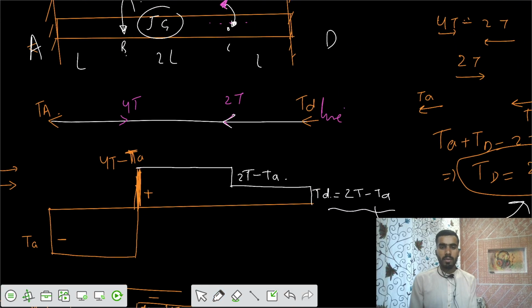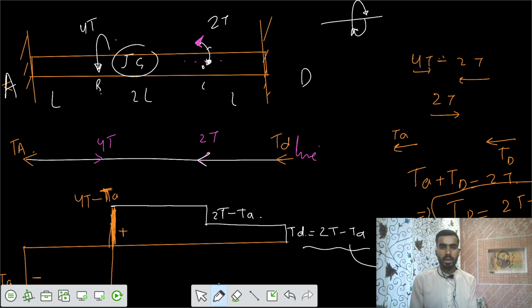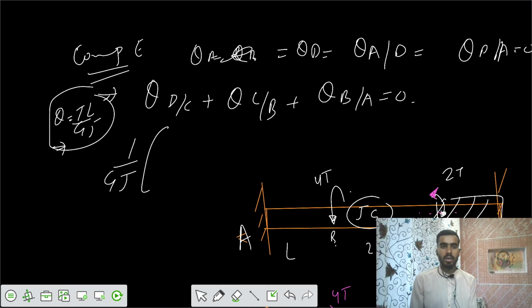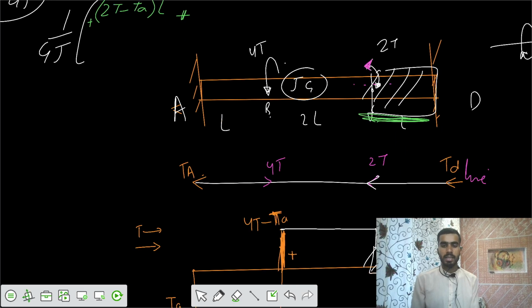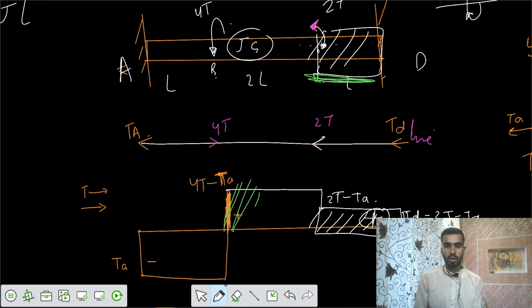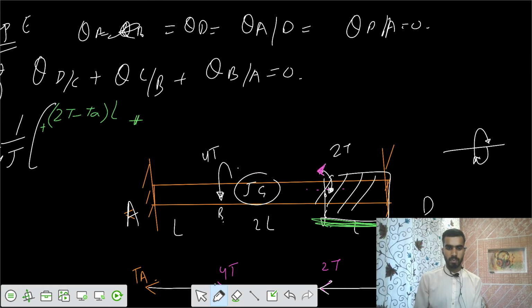For the part CD, your torque is positive 2T minus TA for the length of L, and plus, for the part CB, you have positive torque value of 40 minus TA for the length of 2L, divided by GJ, plus.